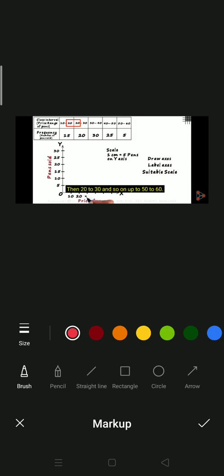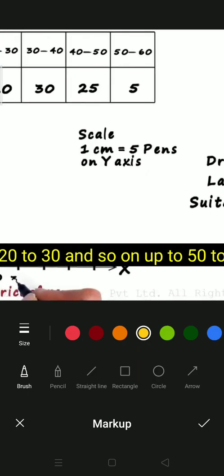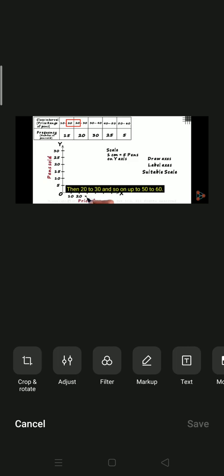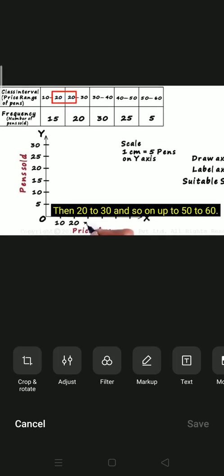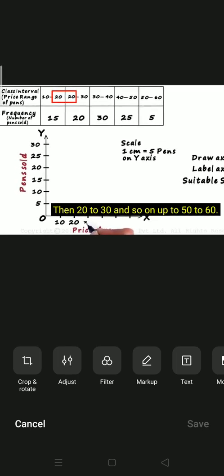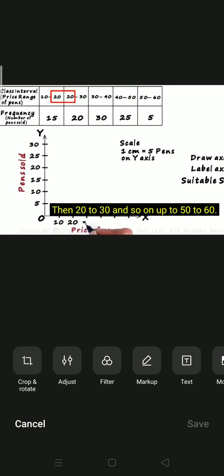Okay kids, now as I said, information is already given. And I have said the stable thing which does not change will come on your x-axis.